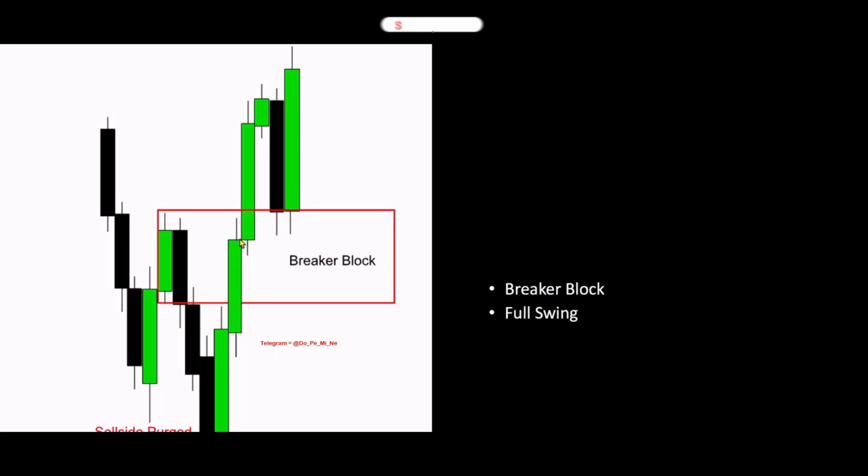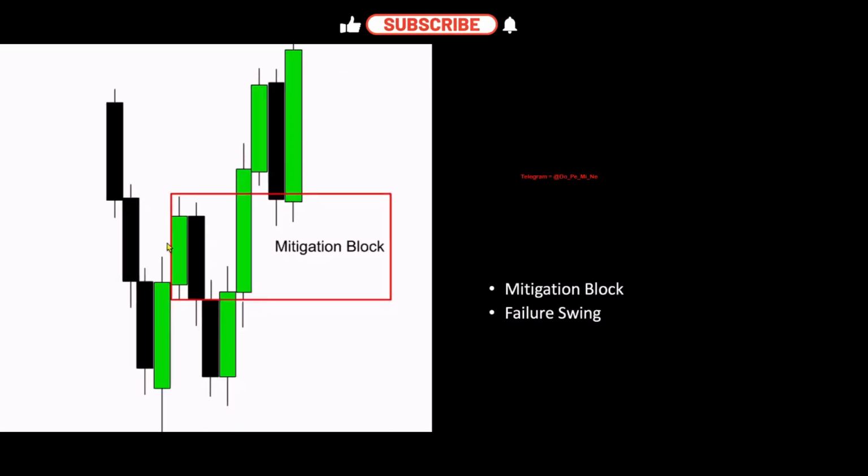Because if that open occurs and sell side delivery occurs once more in the form of a wick, the market has already delivered efficiently inside of that price range and it's allowed to expand to the upside. So therefore, a breaker block is part of a balanced price range, and your breaker blocks form inside of imbalanced price ranges.